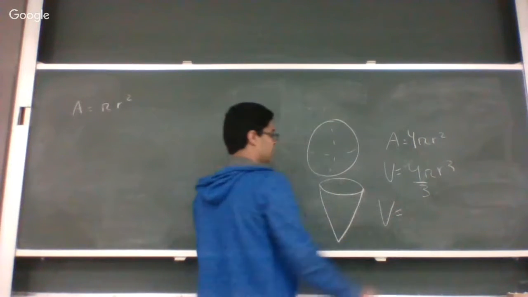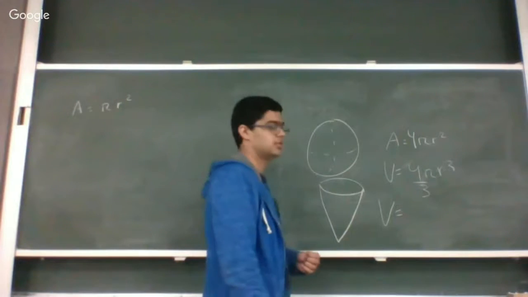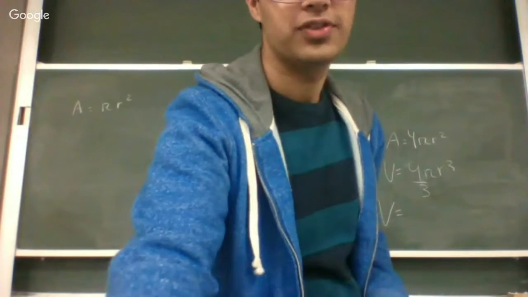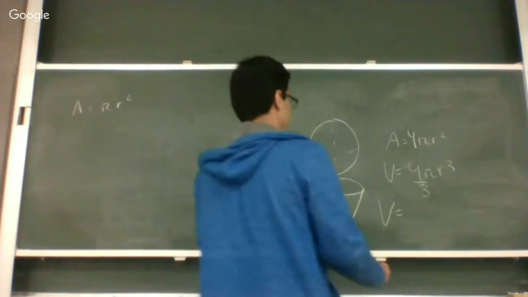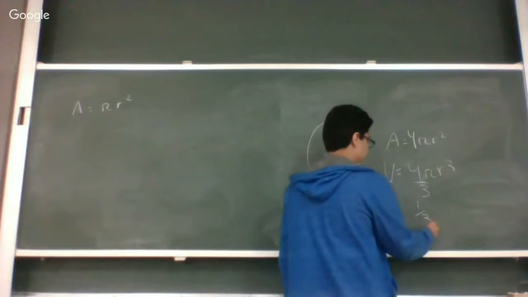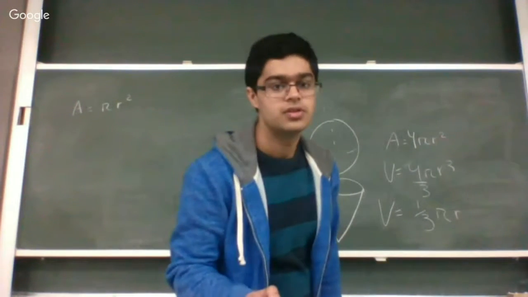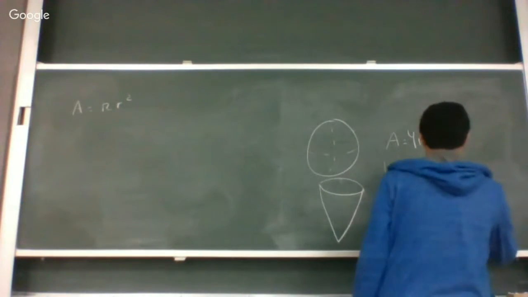What's the formula for the volume of a cone? It's 1/3 pi r squared times height.